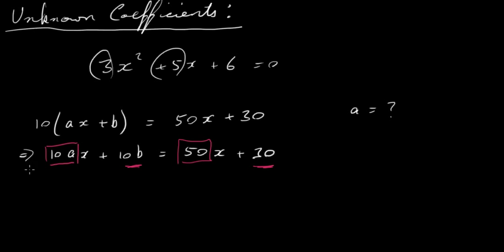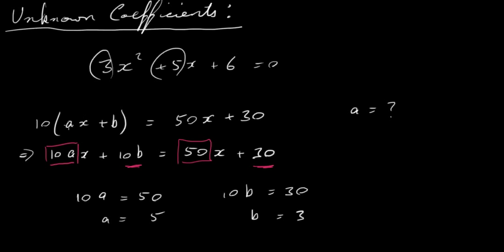So you can say here that the 10a is going to be equal to the 50, and the 10b is equal to 30. So in other words, we can say here that a is equal to 5 and b is equal to 3.